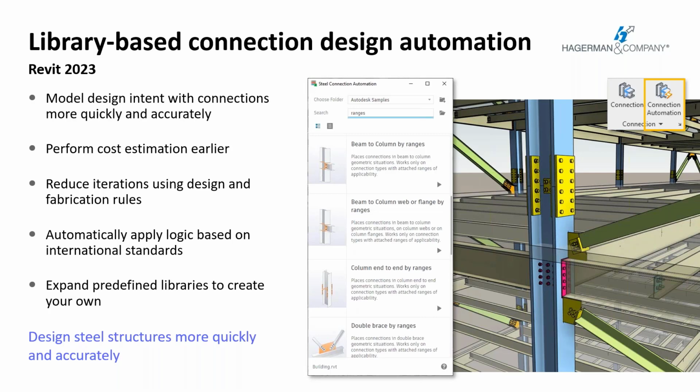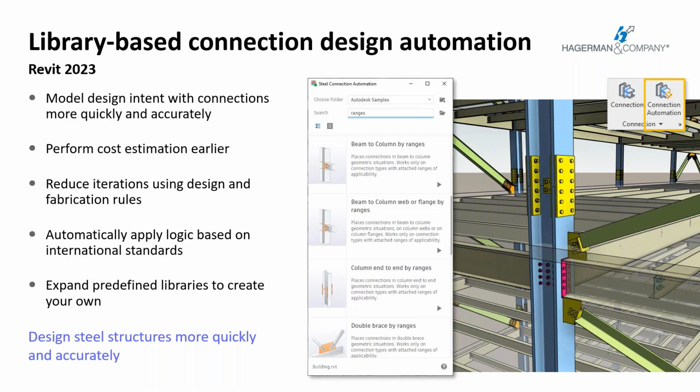I don't know if anybody's had a chance to play around with that, but simply search for by ranges to filter out those that make use of the ranges that are applicable. An important fact to remember is that all structural members can leverage information stored inside analytical elements.